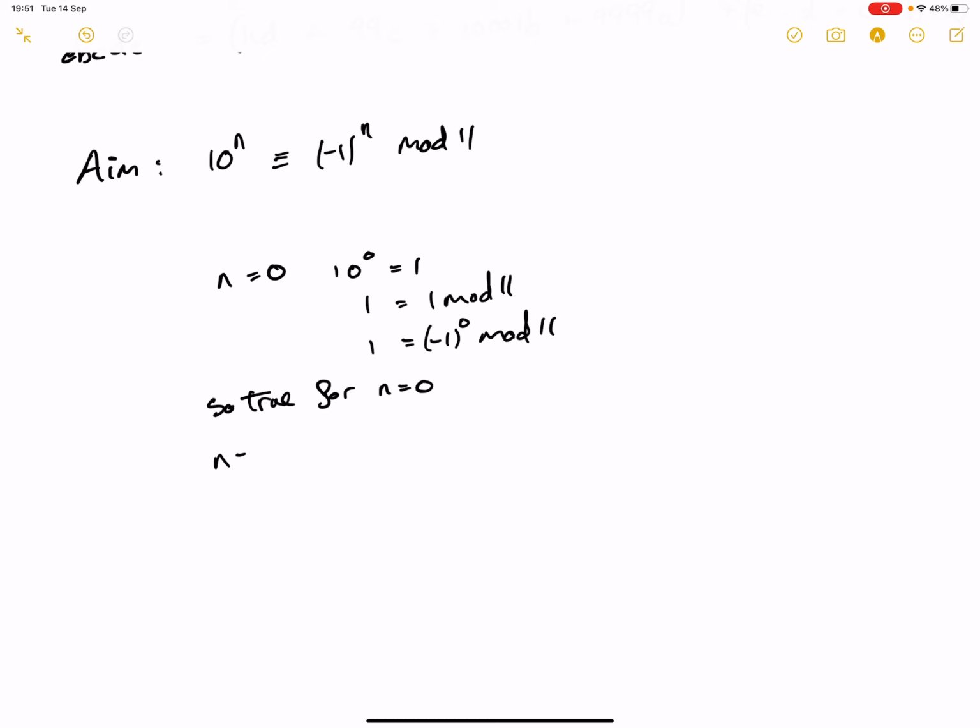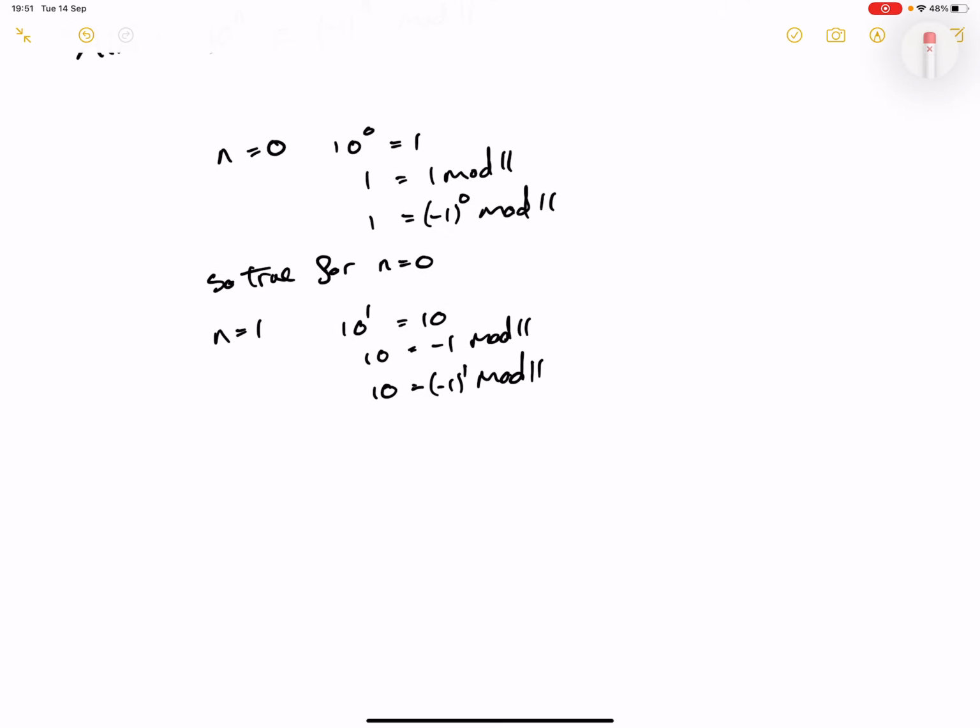Let's try n equals 1 as well, just in case it's different. So for n equals 1, 10 to the 1 is equal to 10. 10 is equal to minus 1 mod 11, and 10 is therefore equal to minus 1 to the 1 mod 11. Minus 1 to the 1 is just minus 1, so true for n equal to 1.